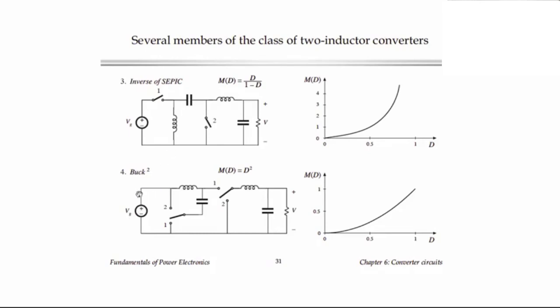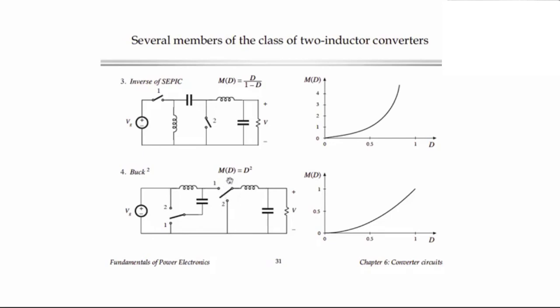Then there's a lot of very different converters. Some of them have what we call the quadratic conversion ratio that are functions of the duty cycle squared. Here's another one of those that was in an earlier homework assignment that has a conversion ratio equal to D squared. And it's interesting that you can get such a conversion ratio in a converter that has 3 diodes and only 1 transistor.